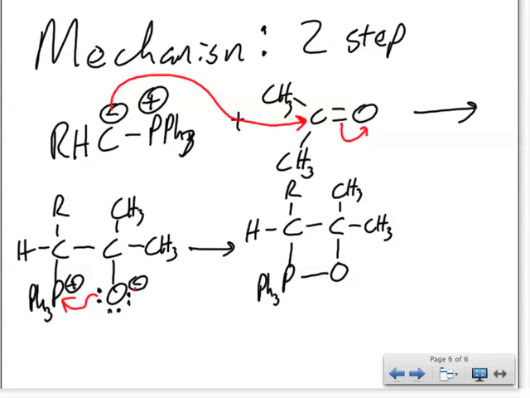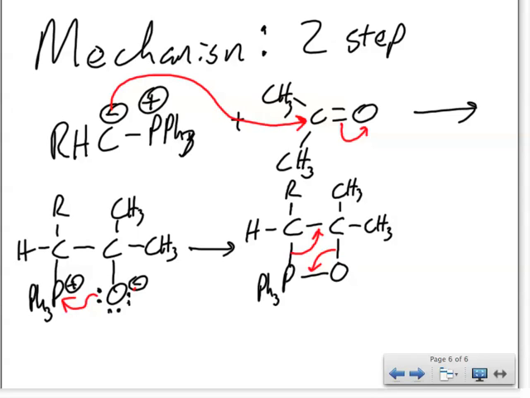At this point, then we're going to get a rearrangement of these electrons. Turns out that phosphorus and oxygen make a very strong bond, so we can think about this four-membered ring reacting in the fashion where the oxygen electrons are going towards the phosphorus. The carbon-phosphorus bond is breaking, those going towards the carbon.